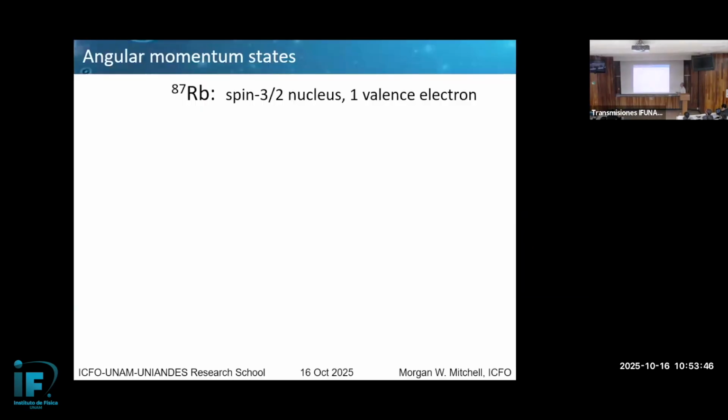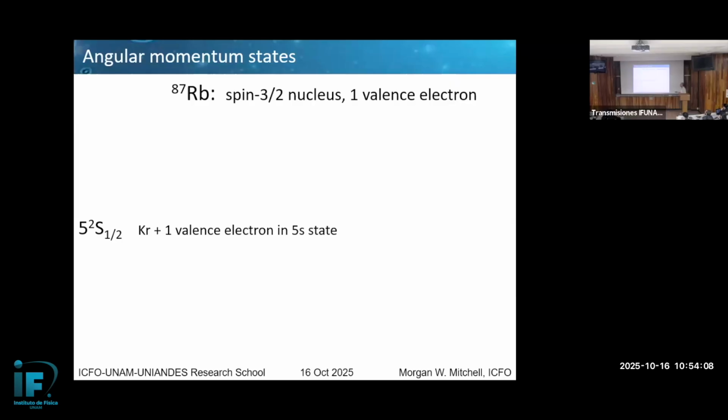So I'll look at our favorite atom for most sensing, which is rubidium-87. That has a nucleus with spin 3/2, has one valence electron, which then means that the electron spin is 1/2. And those can combine to give you different total spins. The ground state is this 5s1/2 state.